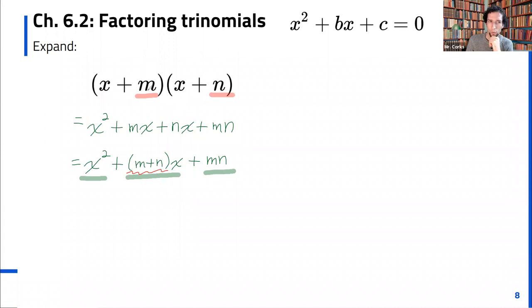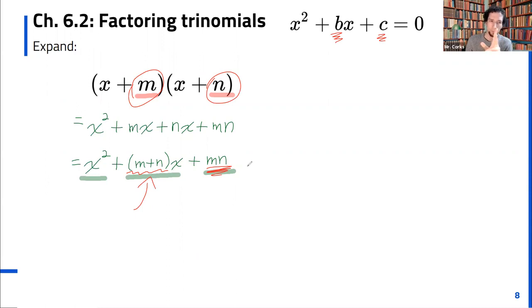So we take the two constants that we had, we add them together, and that will give us the coefficient on the middle term, the b value. And then we multiply the same two things together, and we get the c term here on the far right side.